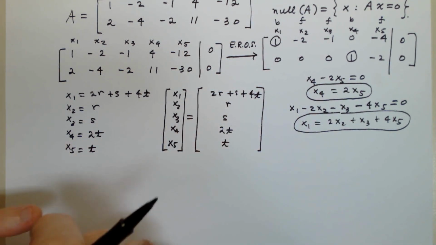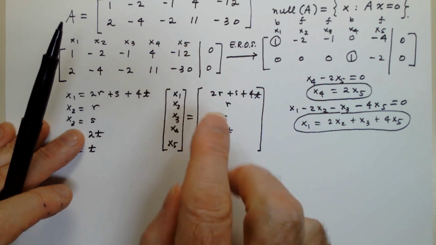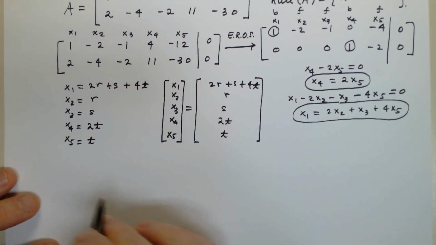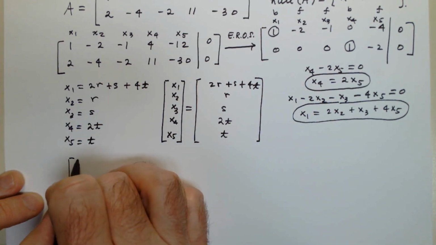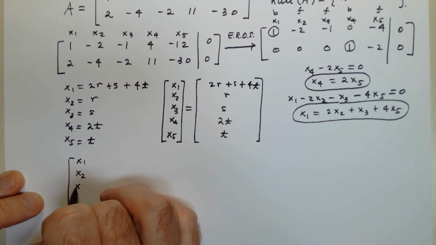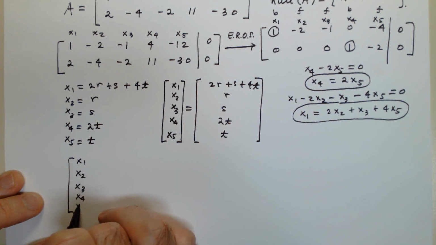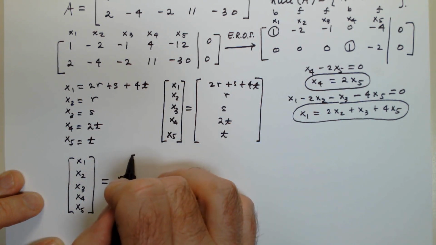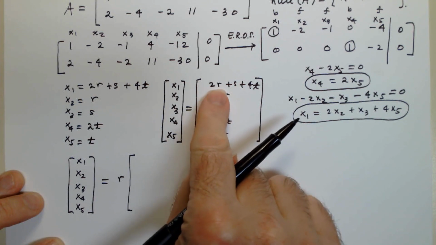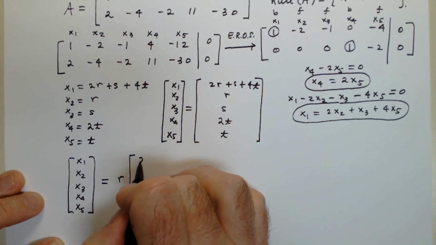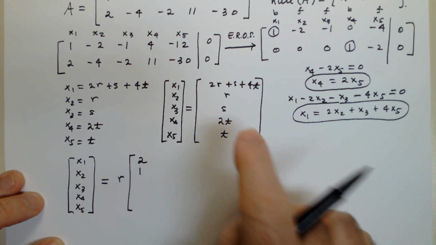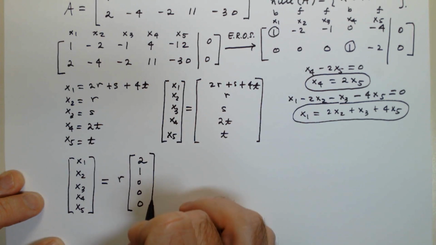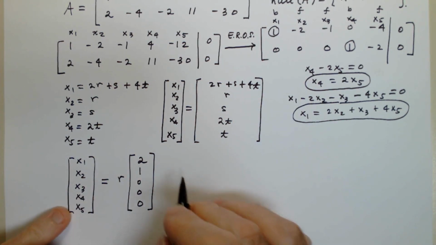We can split this out into a vector that's being scaled by r, a vector that's being scaled by s, and another vector that's being scaled by t. I have an r in my first component, so there'll be a 2 in that position. There's an r in my second component, but there's not an r in any of the remaining components. So that'll be the vector that's being scaled by r.